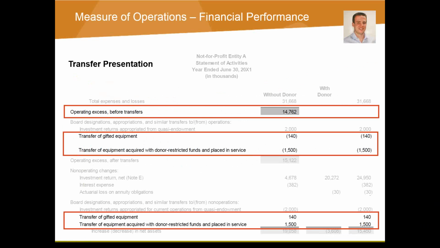Yeah, Matt, I don't know about your clients, but a lot of my clients have been really pushing back and expressing their frustration with this presentation. You can even see it come through in some of the comment letters, where there's a lot of disagreement with the proposed transfer presentation because it's cumbersome and confusing. Nonprofit organization financials, like you just mentioned, are already very different from for-profit entities.